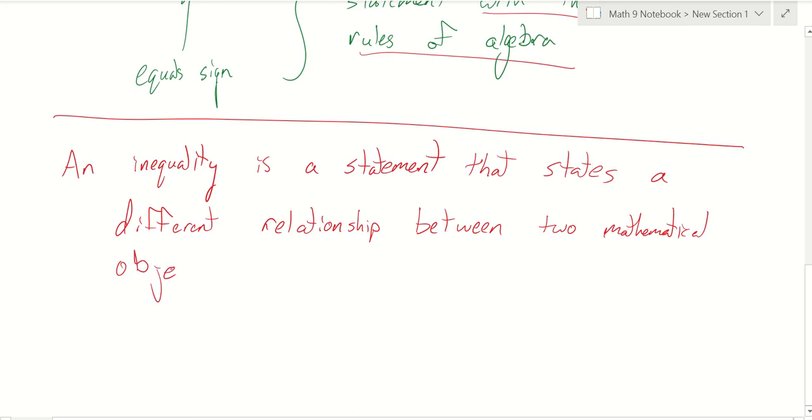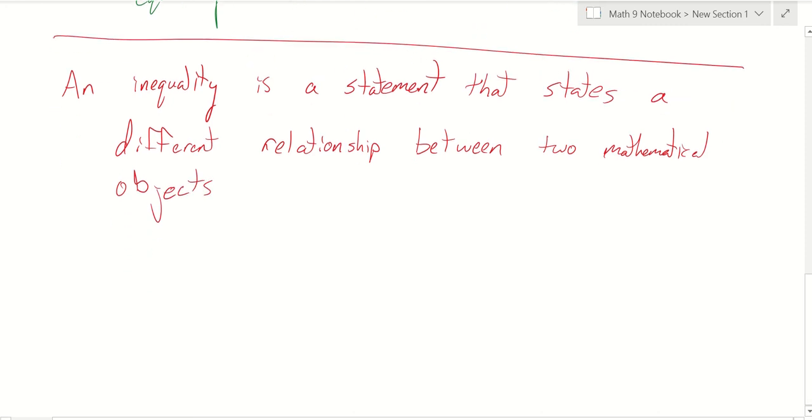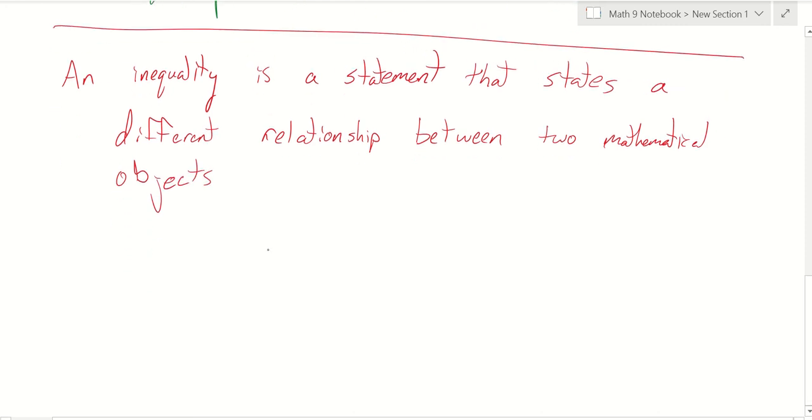And what is this different relationship that exists? We've probably seen them before. Let's say I have 3. This is a mathematical object, a number, and this number has a specific size or value. We could come up with some other mathematical object like 2. This is also a number. Is there a relationship that exists between these two numbers?